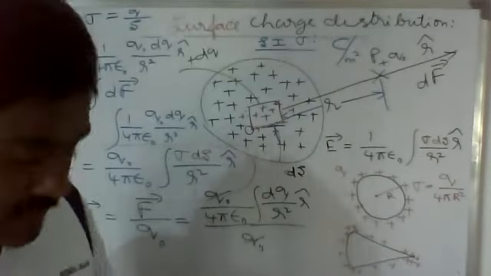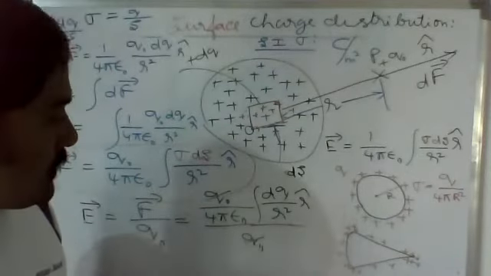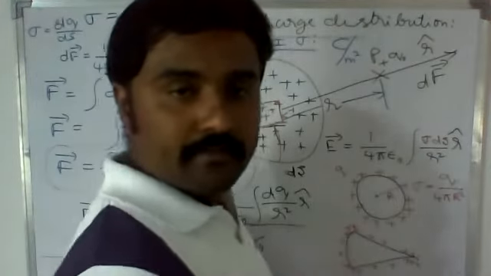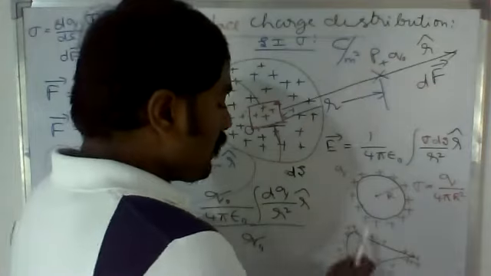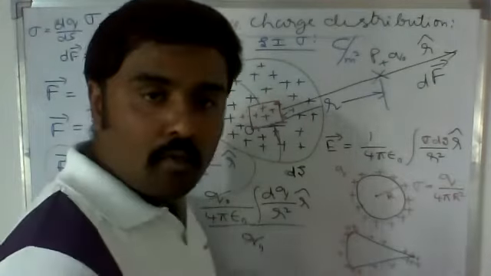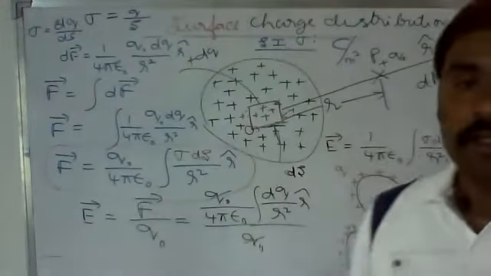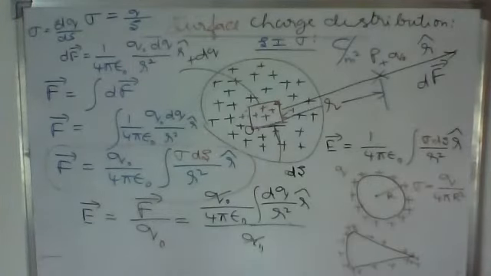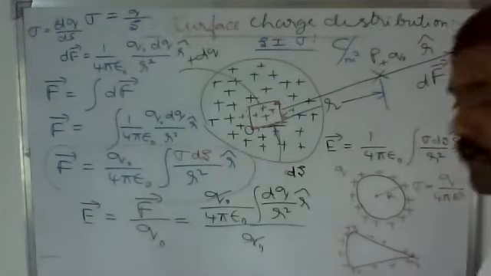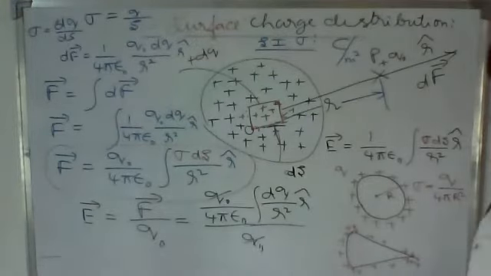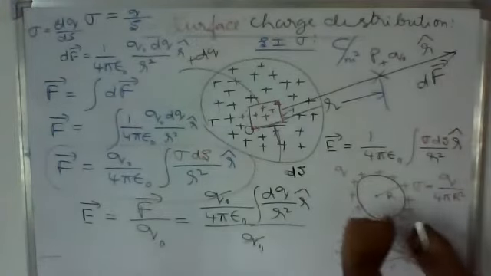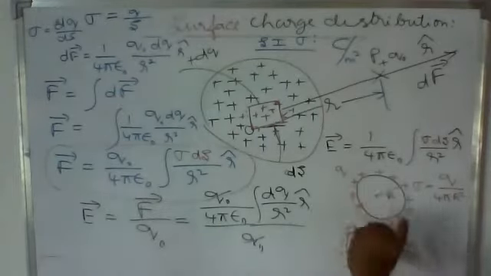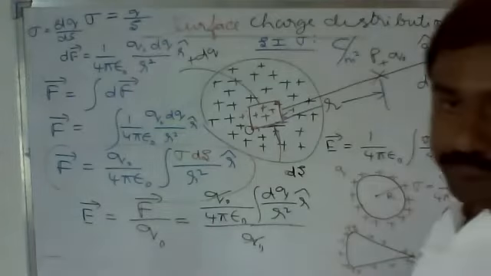Here, at pointed ends, what happens? At the pointed ends of the conductor, more charges are accumulated, due to the repulsion of the same type of charges, and some charges leak into the surrounding space.